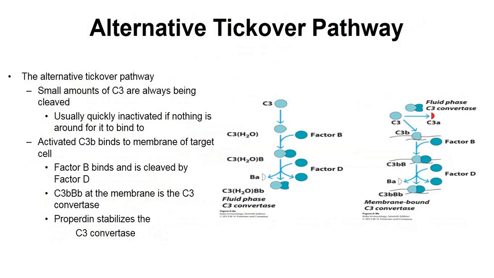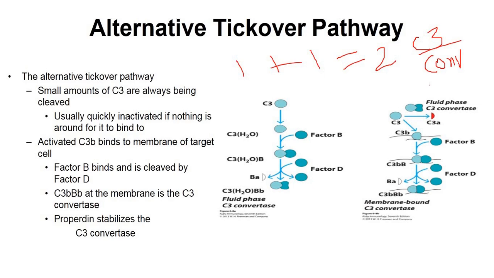Alternative Tickover pathway, in very simple terms, you try to understand that it uses 1 plus 1 equal to 2 C3 convertases, abbreviated as CONV.